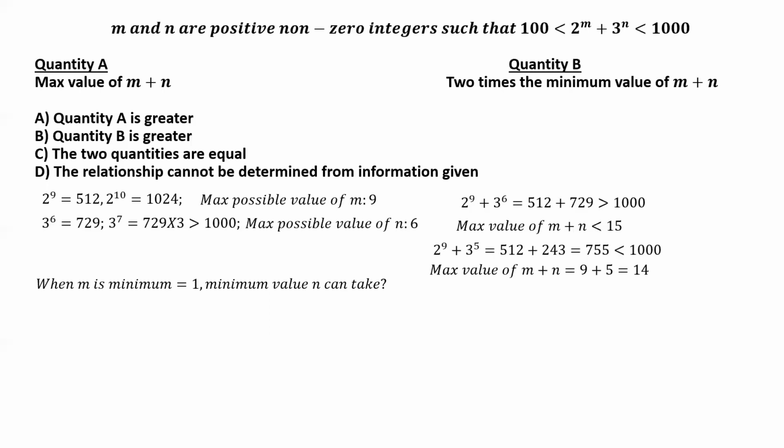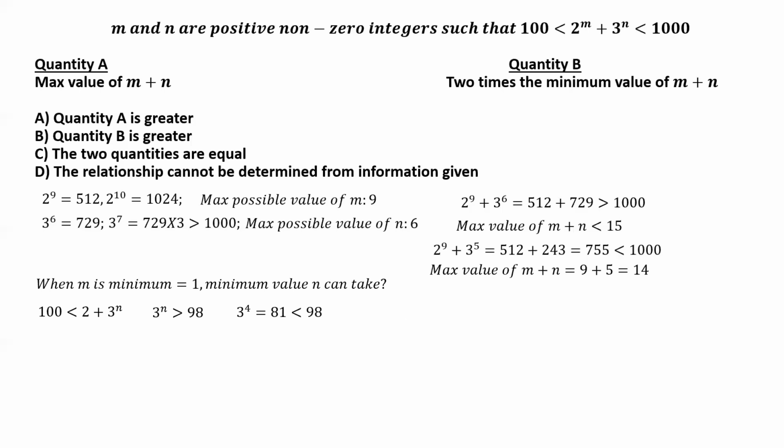So if I do that, what's the least value of n for which the inequality will still be satisfied? If I set m equal to 1, we get 100 less than 2 plus 3 to the power n. And from this we can write 3 to the power n is greater than 98. And we know that 3 to the power 4 is 81, so that's less than 98.